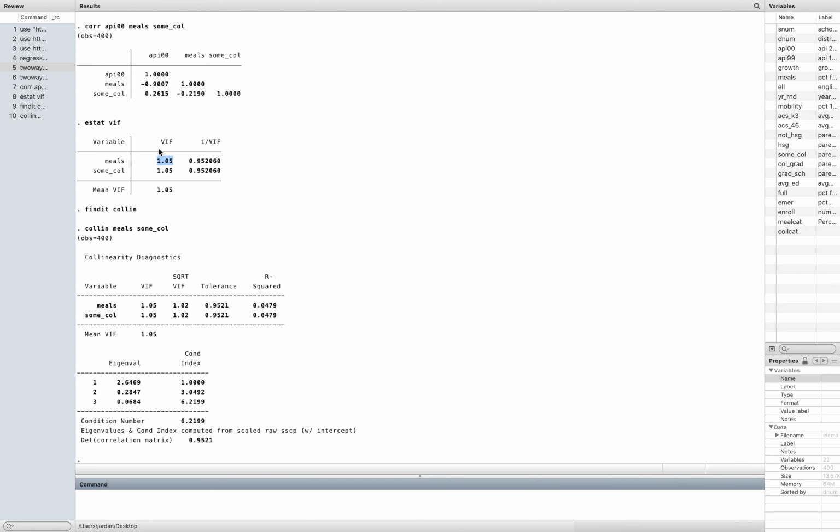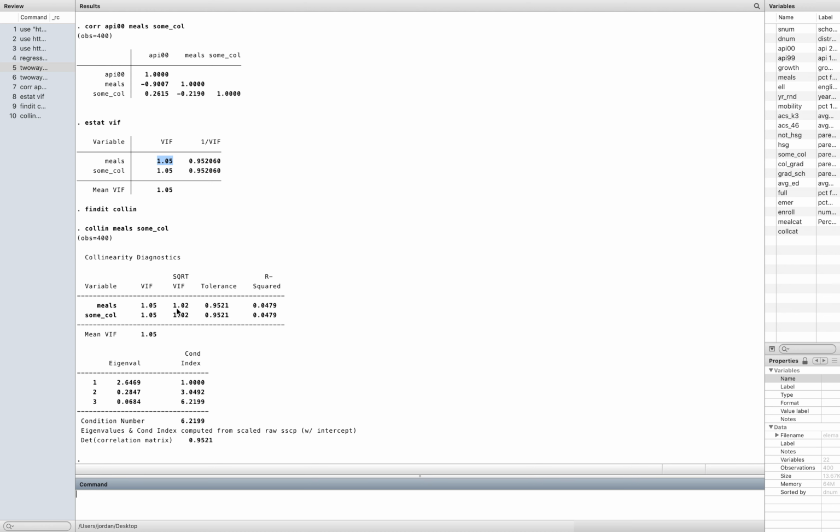You see it's 1.05, just like it was up here. So that didn't change. The tolerance statistic is pretty much the flip side of the VIF. If you take the number one and divide it by the VIF, 1 divided by 1.05 gives you 0.9521.